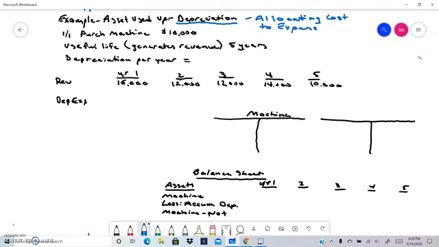So in other words, as that machine is being used up, we're going to allocate its cost and match that cost against revenues over the life of the machine.